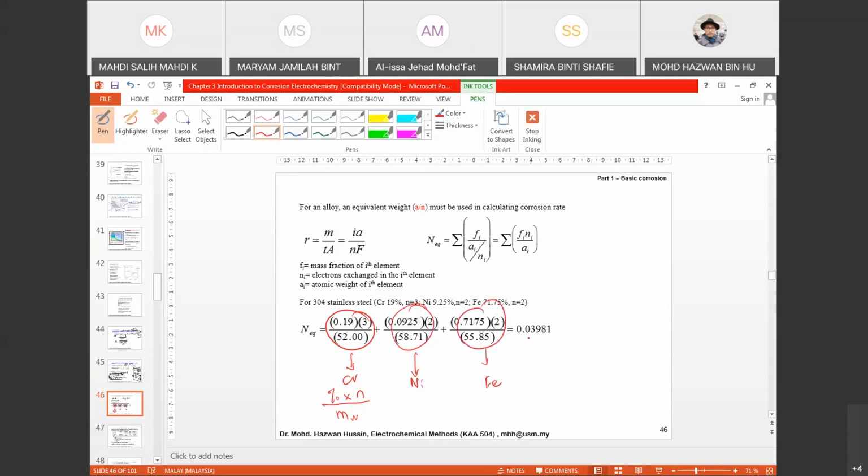So at the end, you will have the average equivalent weight of your alloy.